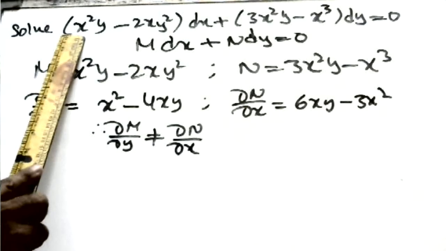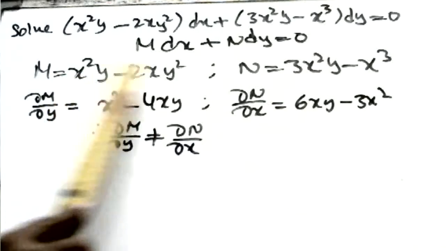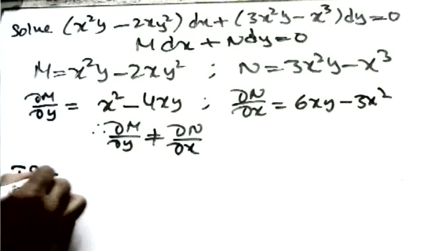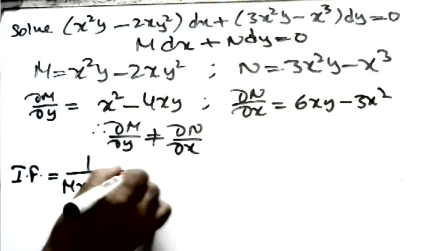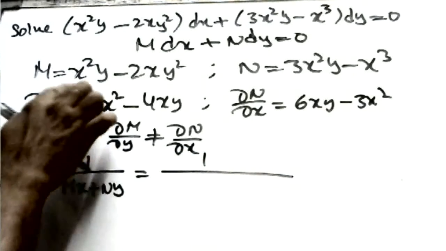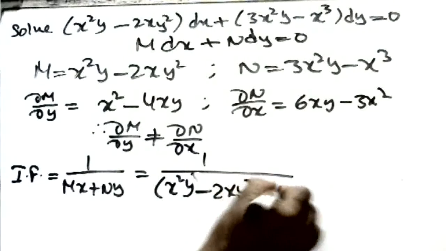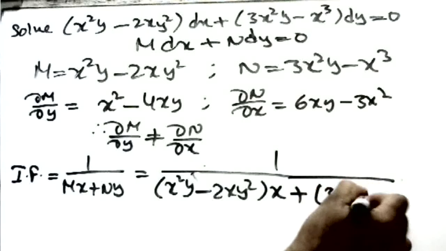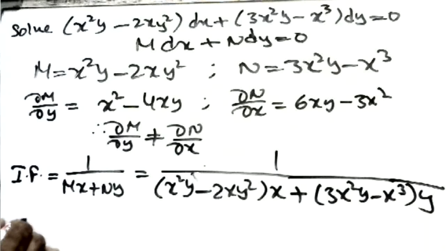Now watch here, we just understood this is of the homogeneous type. Its degree is 3, its degree is 3, its degree is 3. You see all the terms are of degree 3. So let me find the integrating factor. For a homogeneous function, the integrating factor is 1 by Mx plus Ny. 1 divided by M, the value of M is x square y minus 2xy squared, into x, plus N is 3x square y minus x cube, into y.